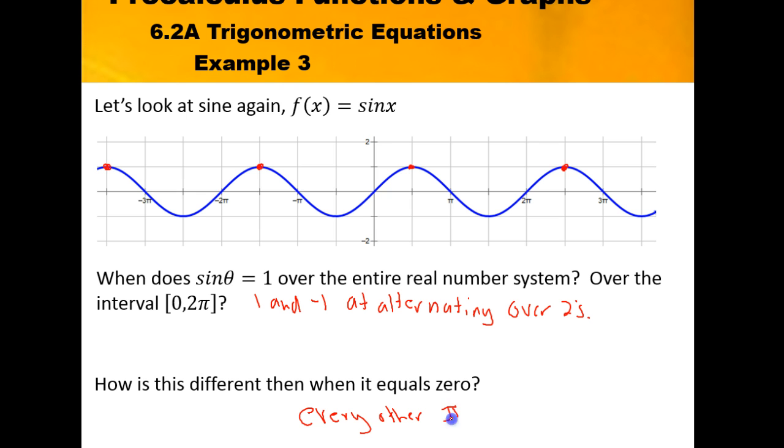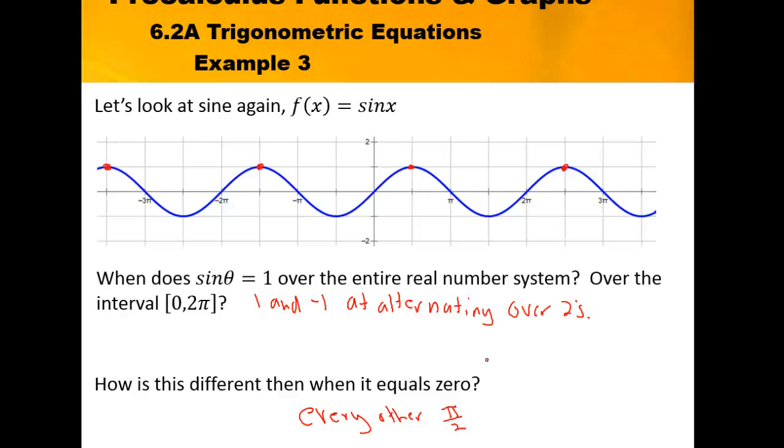So it's at every other pi over 2 instead of every pi over 2, versus when we were looking at 0, sine of 0 at every single whole pi.